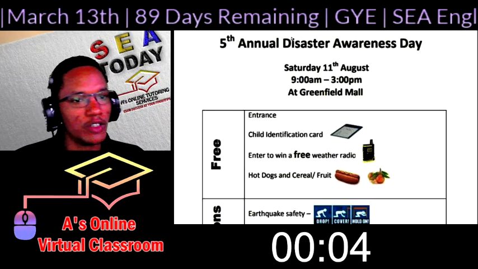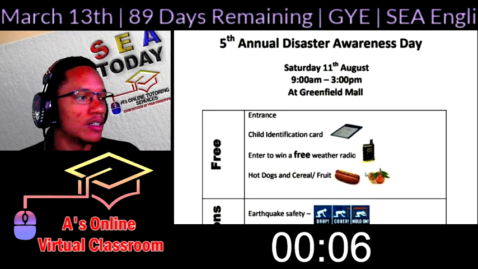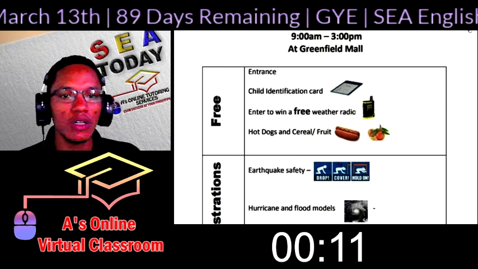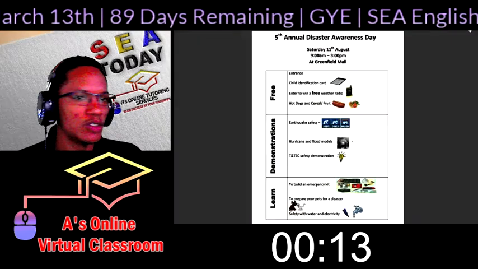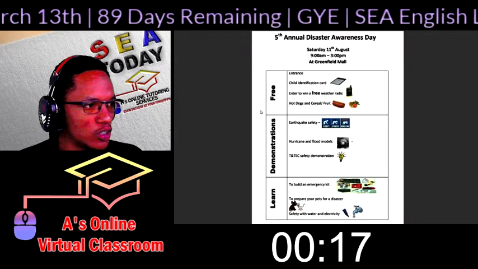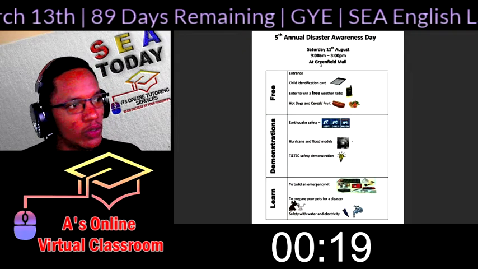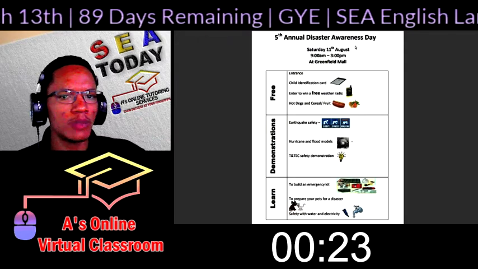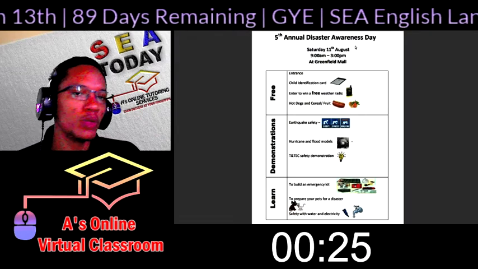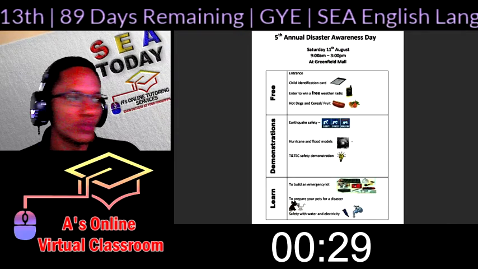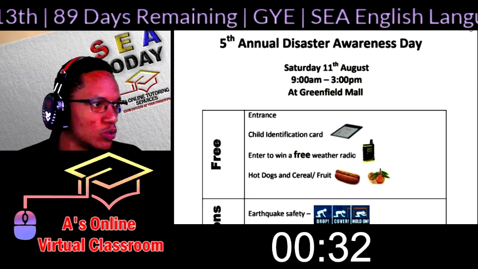In the first graphic, we are seeing what looks like a poster. I can zoom out all the way. You can't see the whole thing, but it has 3 sections along with the top part of it. We're going to read it through from top to bottom before we even get to the questions. Let's zoom in.